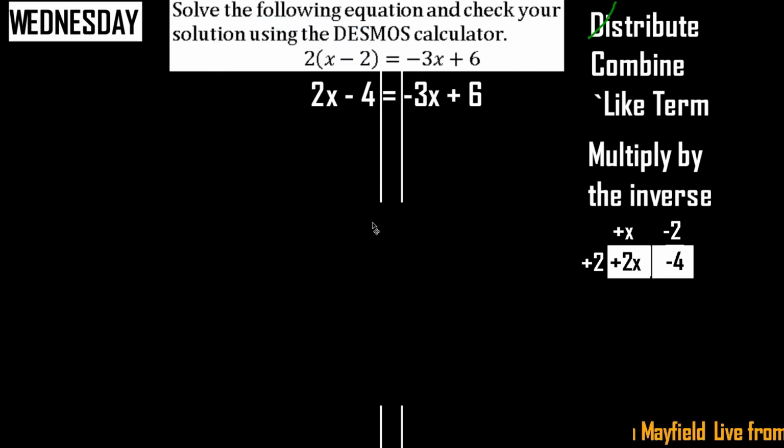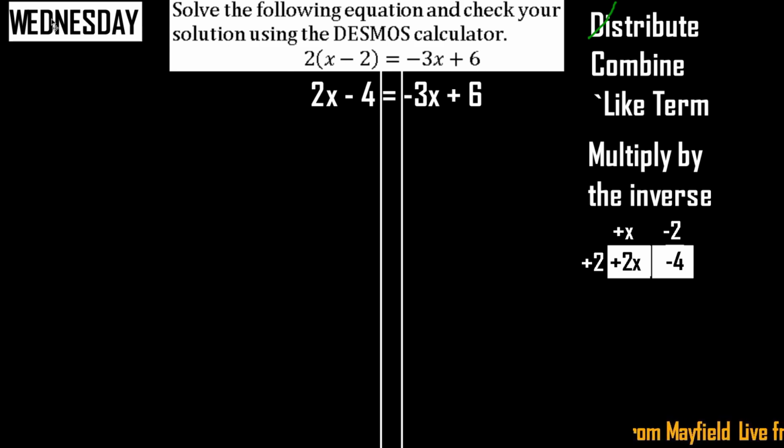So now, if you would have your foldable ready, you could see, okay, I have to look for, are there variables on both sides of the equation? Well, yes, there is. And so now we look, okay, since there's variables on both sides, we have a 2x and a negative 3x, which coefficient is lower? So if you think like a thermometer, which is going to be colder, 2 degrees or negative 3 degrees?